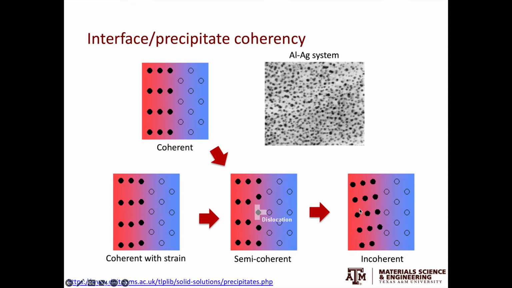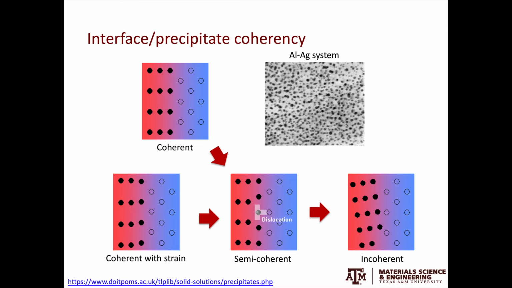As aging continues, the interface will eventually become incoherent. That is, there's no lattice matching between the precipitates and the matrix. In precipitate formation, the rule of thumb is you start from coherent or coherent with strain interfaces, then it evolves to semi-coherent and eventually becomes incoherent.